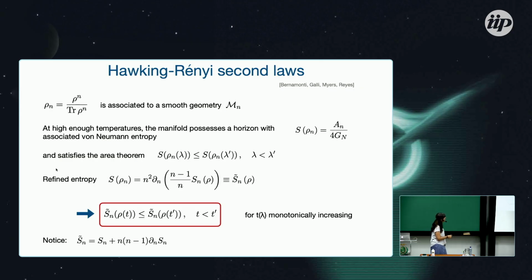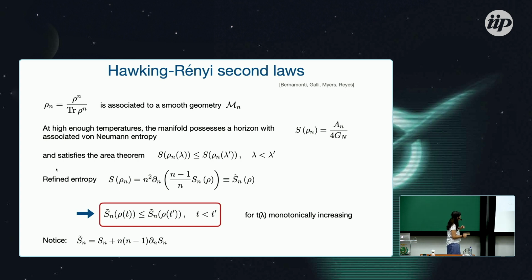Through this identification, the von Neumann entropy of the replica manifold is the refined entropy, if we write it in terms of the original system described by the density matrix rho. And so the monotonicity of the von Neumann entropy in the replica manifold implies the monotonicity of the refined entropy, as long as the relation between time in the original system and time in the replica is monotonic.